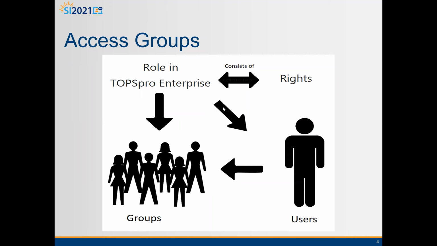But in TE, we're going to see in the next live demo that there are individual access rights available and also groups. So we can create access groups and then put users into these access groups. If we figure out what role your user or your user group will be part of in TE, that role will be dictated by rights. And vice versa, the rights will be dictated by the roles also. So they go hand in hand.